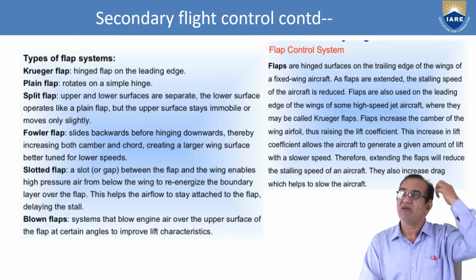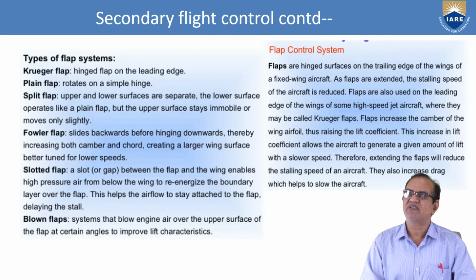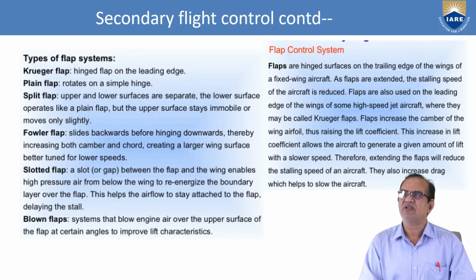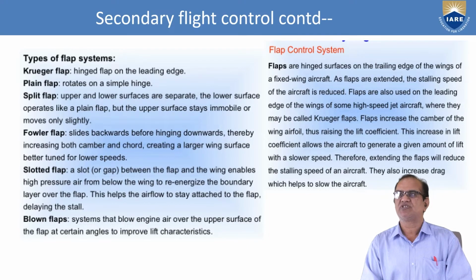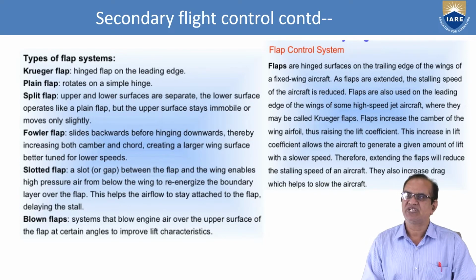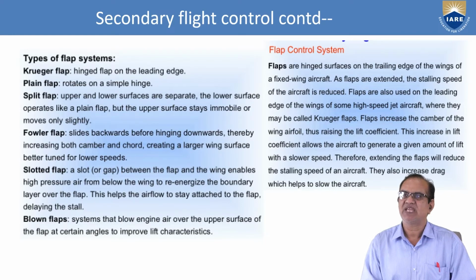Flap control system: flaps are hinged surfaces on the trailing edge of the wing of a fixed wing aircraft. As flaps are extended, the stalling speed of the aircraft is reduced. Flaps are also used on the leading edge of the wing of some high-speed jet aircraft, where they may be called the Kruger flap.